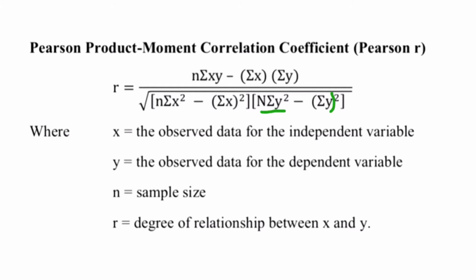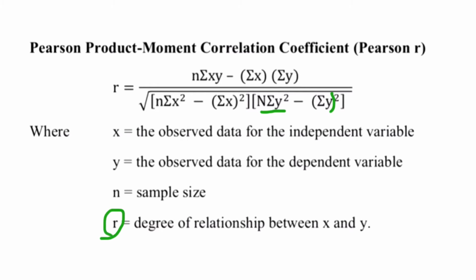Sorry, may kulang dito parenthesis. Where X is the observed data for the independent variable, Y the observed data for the dependent variable, N is yung ating sample size or ordered pairs, and yung R natin is the degree of relationship between X and Y, ito yung dinidenote ng sign for Pearson R.